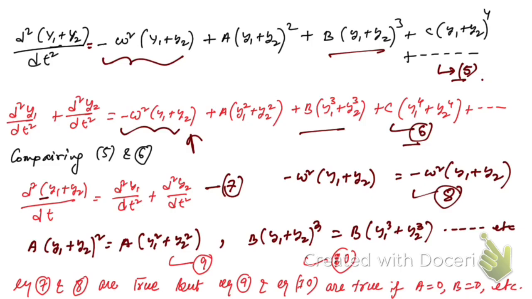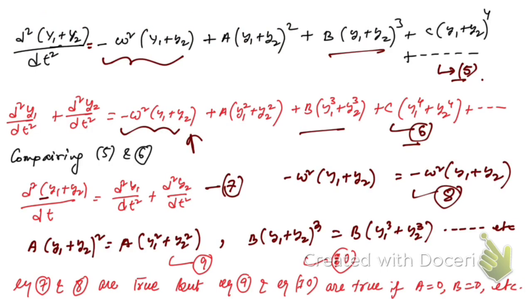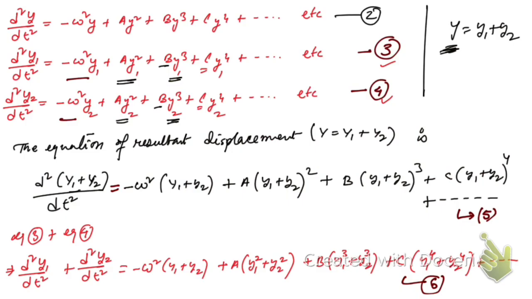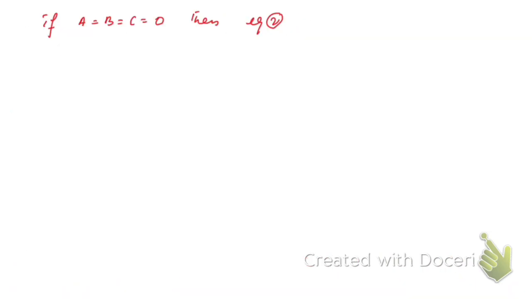Now let me go to the new slide. If A, B, C are all equal to 0, then you see equation number 2 can be written by putting A equal to 0, B equal to 0, C equal to 0. Then equation number 2 becomes, this one is equal to this only. So let me go back to this.